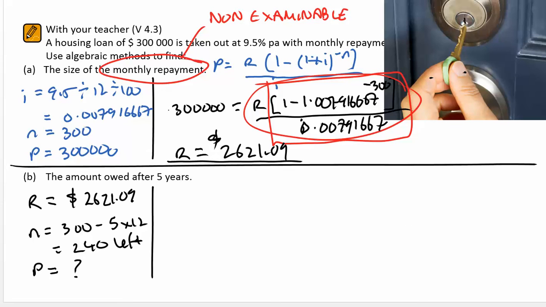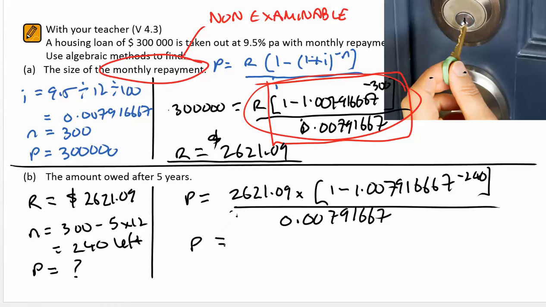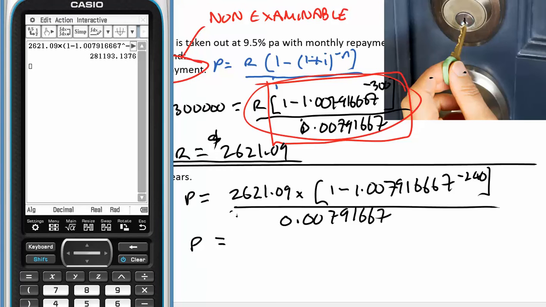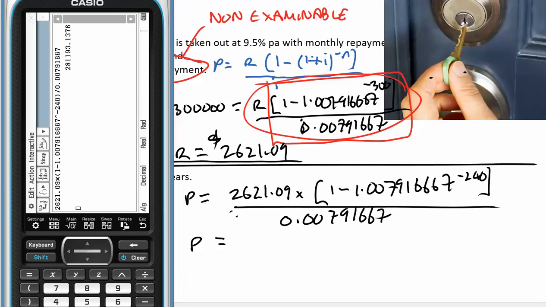Now in part B, we write out the equation as before, only this time we want the principal remaining after 5 years. Now if we do that on the calculator, once again, if you want to see the whole thing, simply rotate to the side.